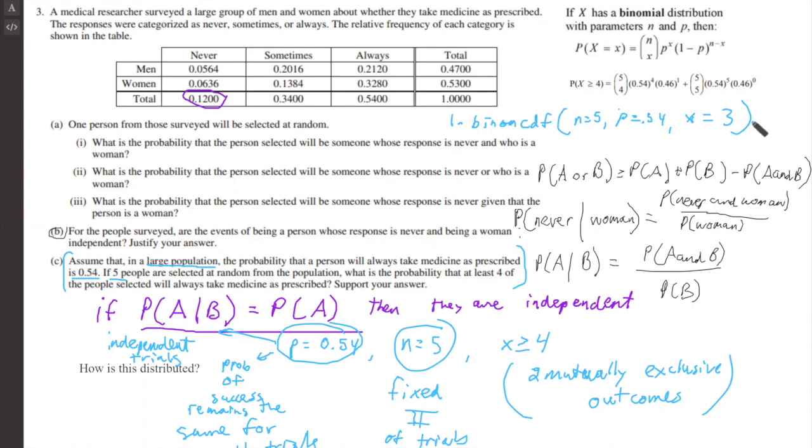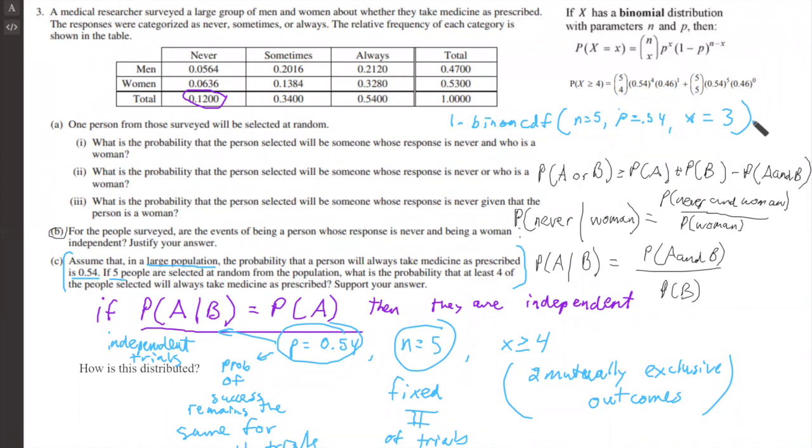I got 0.280600848. But do you want me to round to 3 places? It actually sounds wrong. So what did you put into your calculator? I did binomial PDF plus binomial PDF of 5.